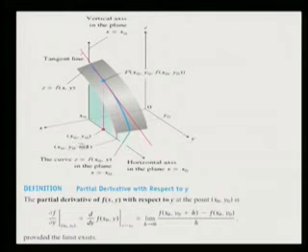Here x0 is constant and the increment is only in y, from y0 to y0 plus k. And this is the tangent line. It means that the partial derivative of f with respect to y, the ratio of these two things, is the slope of this tangent line. So the partial derivative with respect to y is the slope of the tangent when we cut this surface by the plane x equal to x0.